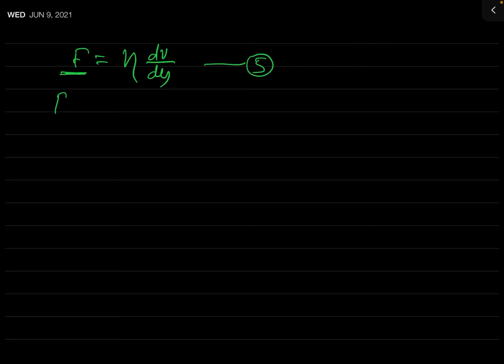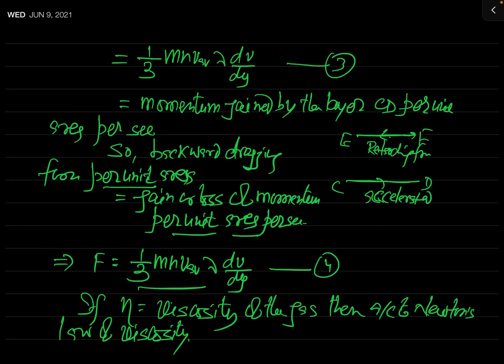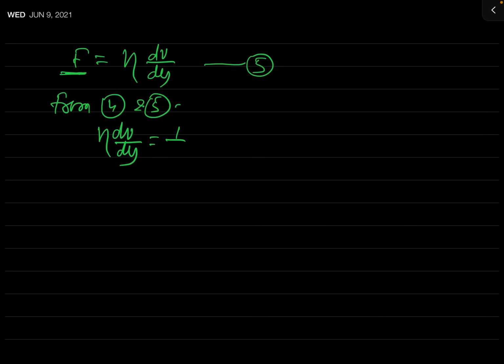So from equations 4 and 5, what can you say? Eta dV by dy is equal to 1 over 3 mn V average lambda dV by dy.